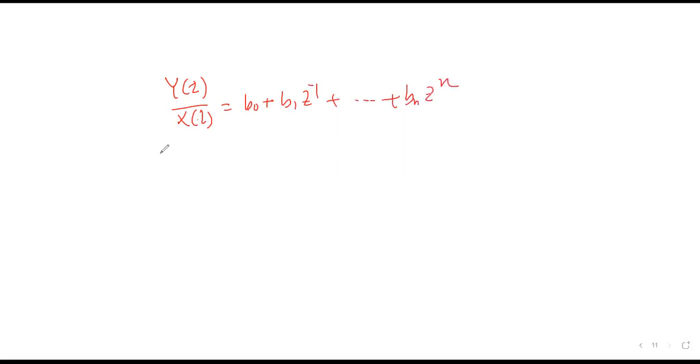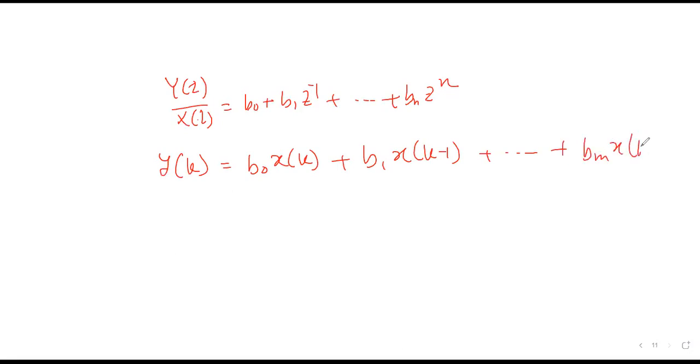In the difference equation form, y(k), the current output, is a function of b0 x(k), the present input, and past inputs, x(k minus 1), going up to bm x(k minus m).